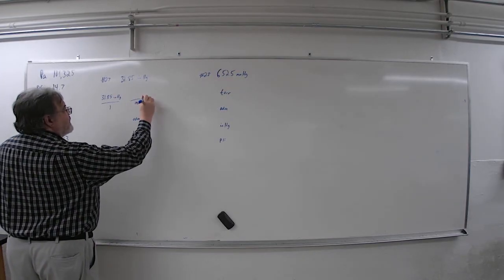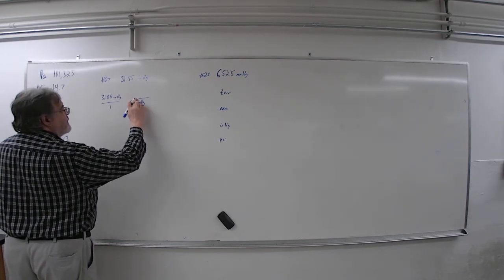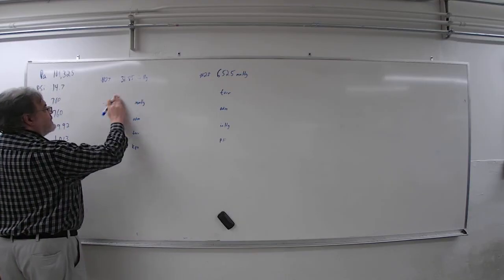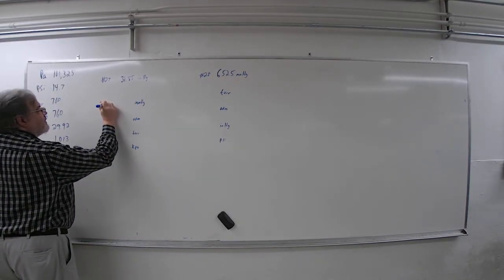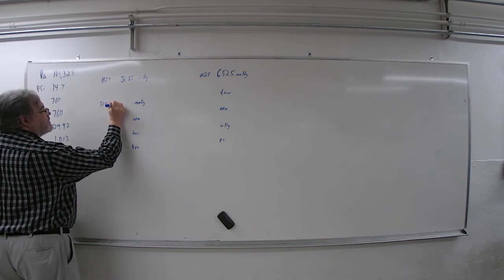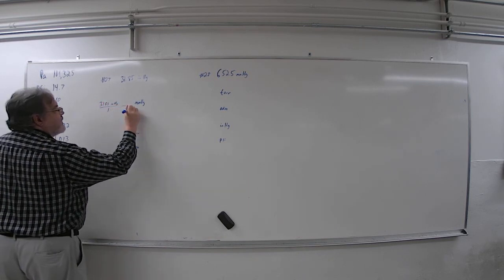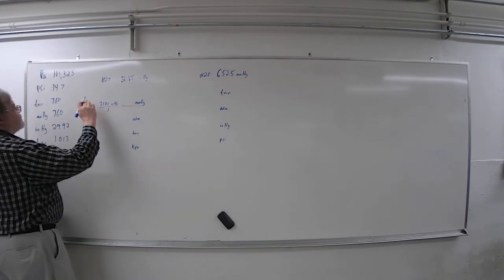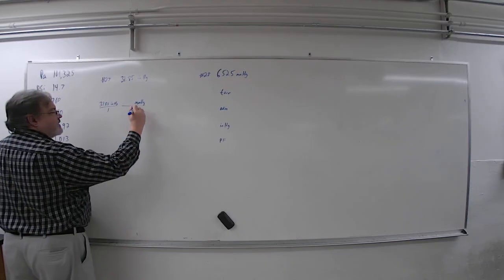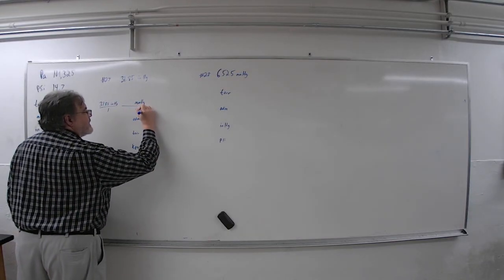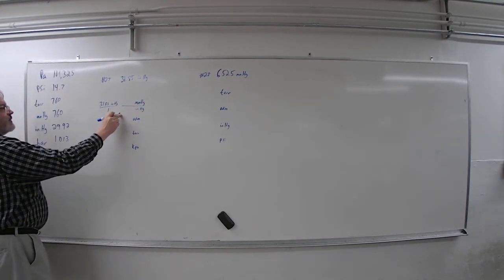And then over here, 31.85 inches of mercury. The first thing I want to convert is inches of mercury to millimeters of mercury. So I'm going to put inches of mercury down here, and this is going to be my conversion factor.